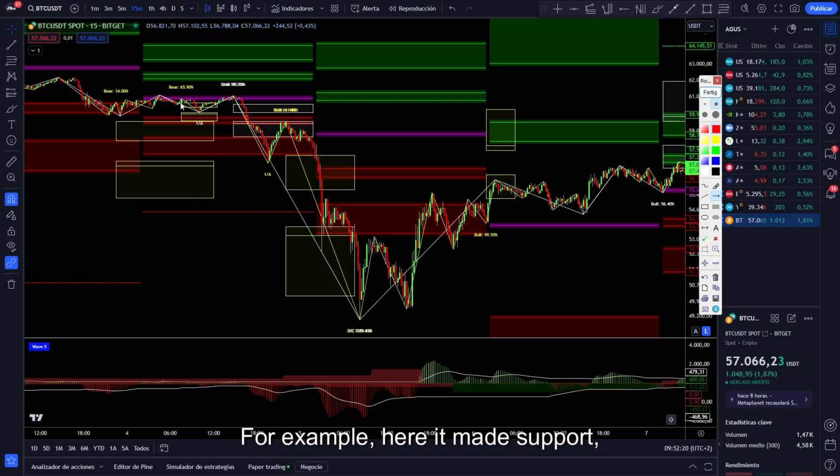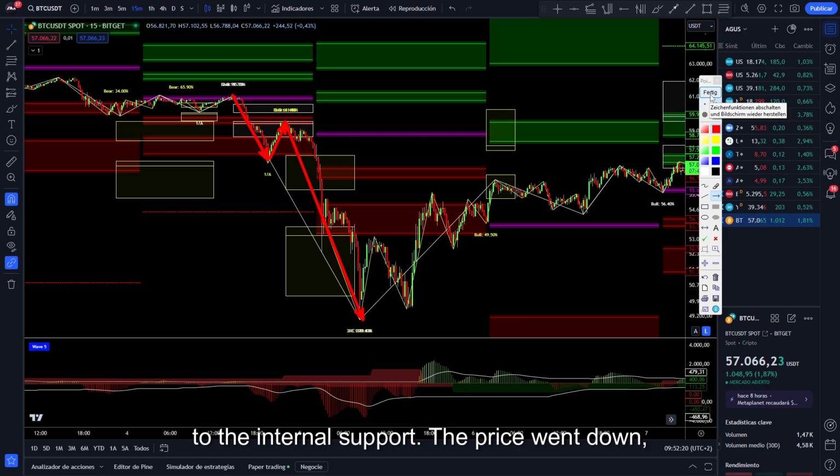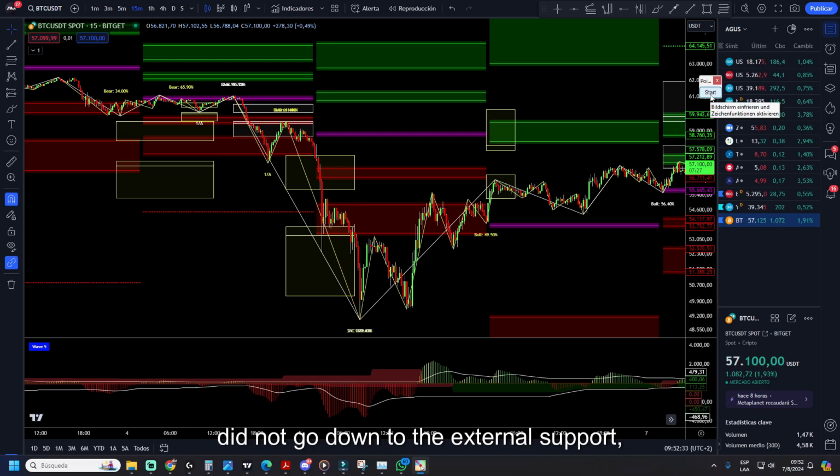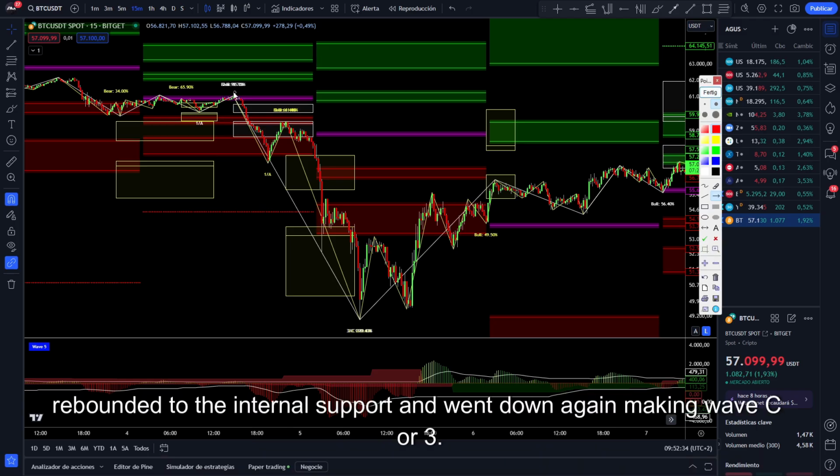For example, here it made support. It bounced to the other red zone, let's not say resistance, sorry, the internal support. The price went down, did not go down to the external support, rebounded to the internal support, and went down again, making wave C or 3.